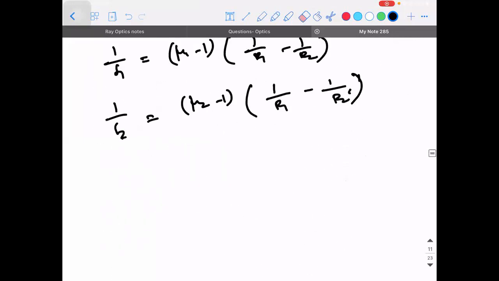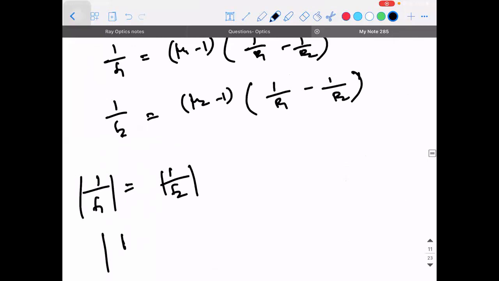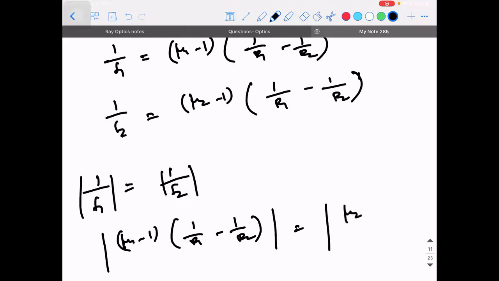Then r1, r2 only. Okay. Then can I write 1 by f1 inside a modulus is equal to mod of 1 by f2? So mod of mu1 minus 1 into 1 by r1 minus 1 by r2 is equal to mod of mu2 minus 1 into 1 by r1 minus 1 by r2.